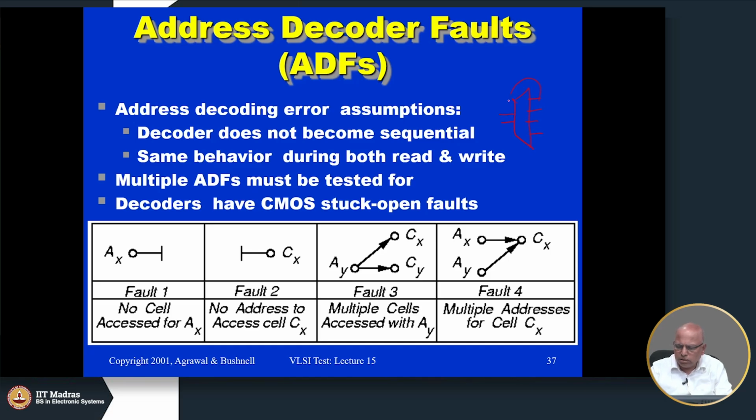See, if there is a fault like this, then it may become sequential. Okay. We assume that that is not happening. Okay. So, we assume that this is not the case, and we assume that it will behave the same for both read and write.